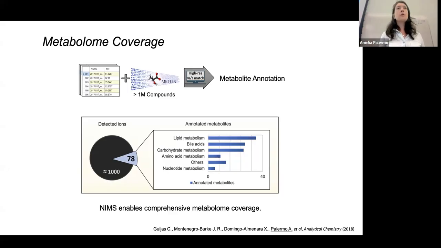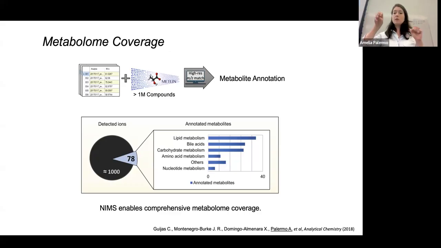So this approach allows you to find areas in the tissue that are metabolically different, but when it comes to the identification of the metabolites through fragmentation experiments, that is usually done by selectively sampling from those different areas that you identify through mass spec imaging, right?